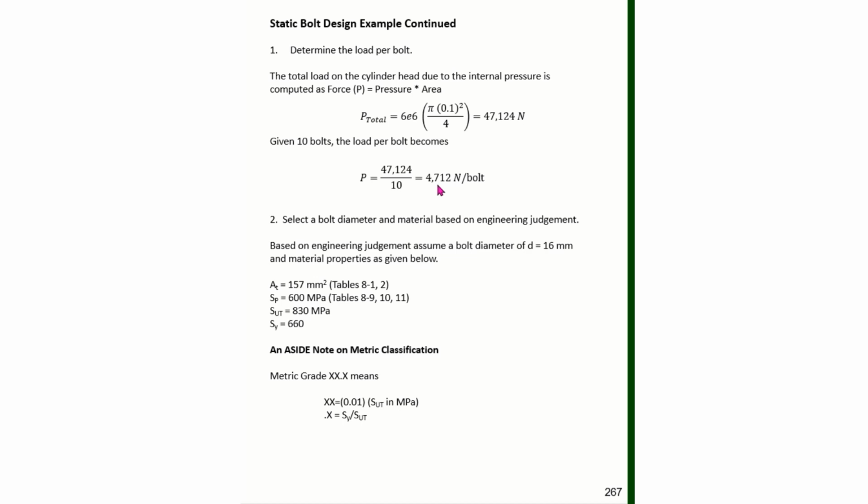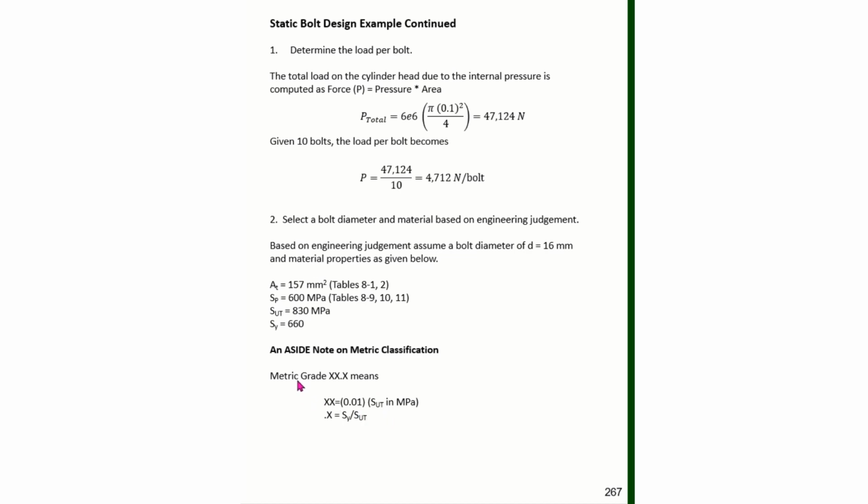And the material properties are as given below, where for a 16 millimeter diameter bolt, AT is 157 millimeters squared, and then we can get SP, SUT, and SY. Now, here's an aside note on metric classification.